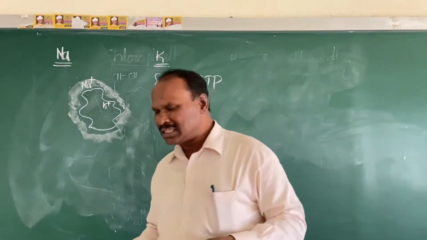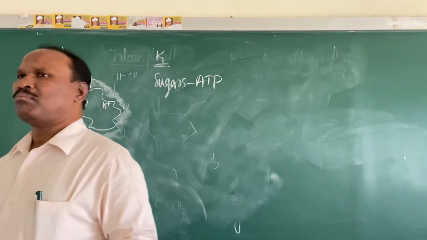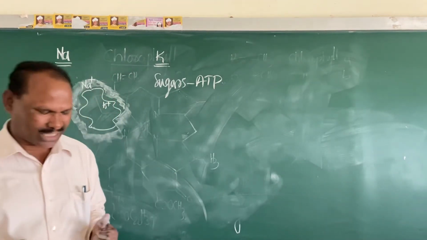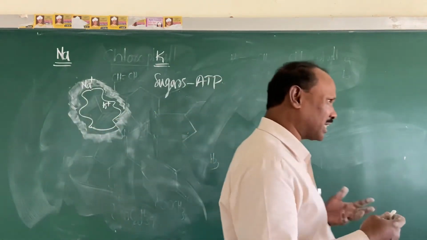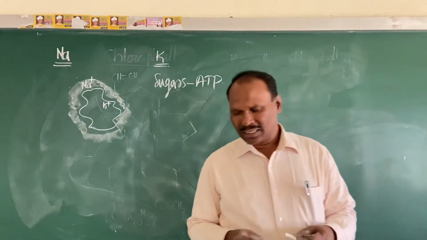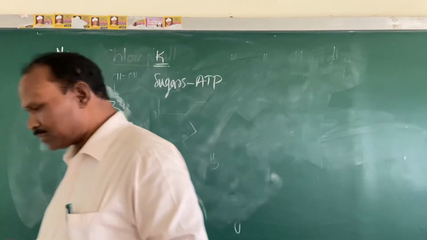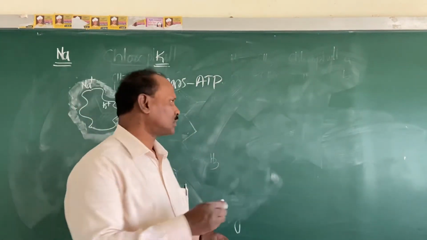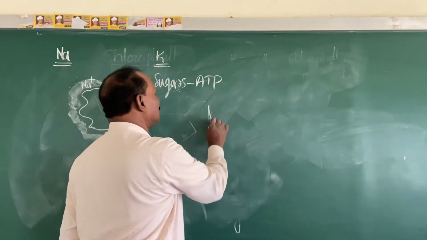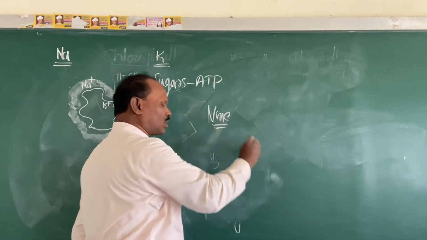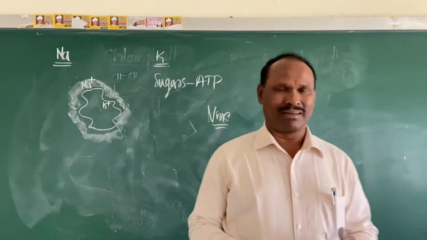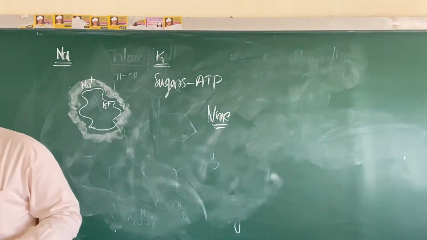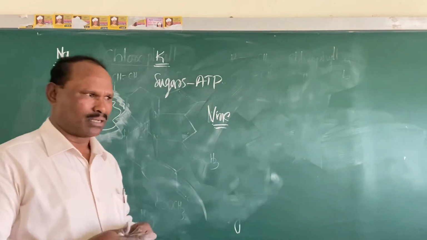So it is advised to eat banana daily. Banana contains potassium. Another food that we have to take is potassium, which is present in vine products, not wine, vine, right? Vine products, for example grapes and blackberry, etc., contain this potassium.